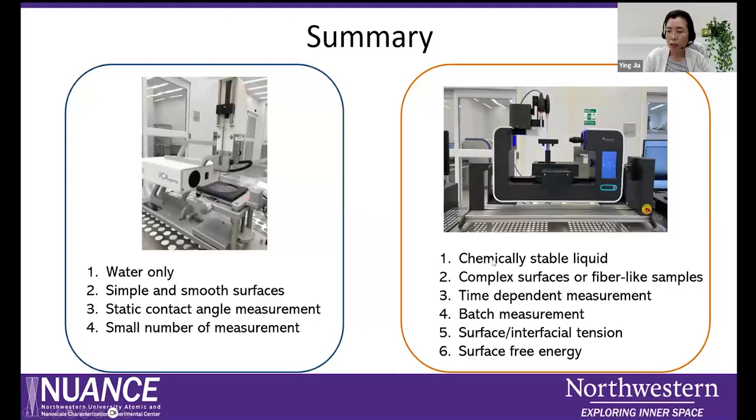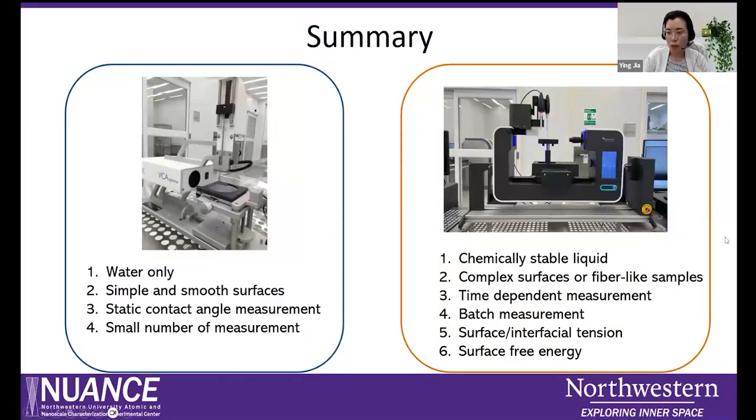For this one, as long as your liquid is chemically stable, it should be able to go into the system. Because of the dynamic contact angle and everything else, you can measure complex surfaces or fiber-like samples. It can take video, which means you can do time-dependent measurements, and everything is automatic.